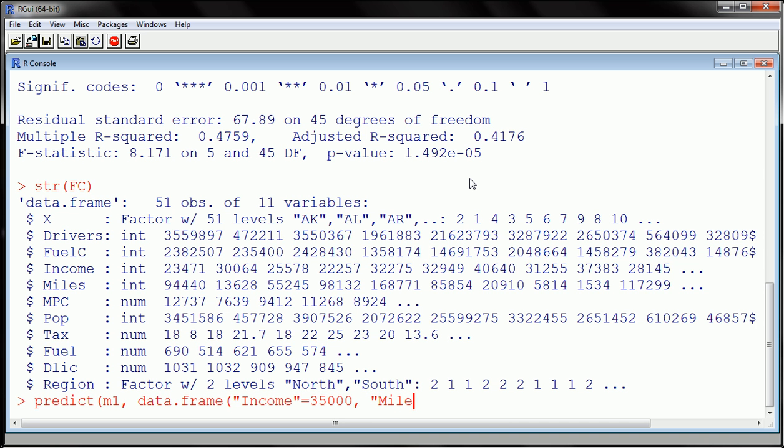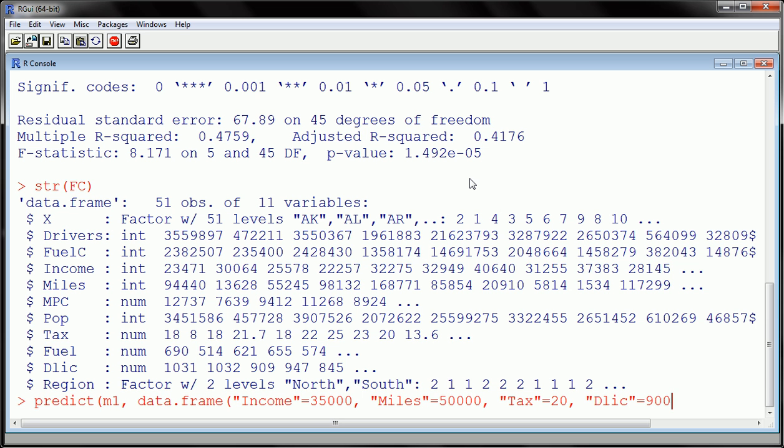Miles of highway: if I only have 50,000 miles of highway. Next is tax, something policymakers can definitely mess with, the gas tax. If my tax rate is 20%, and for driver's license citizens, there are about 900 per 1,000 citizens above the age of 16.